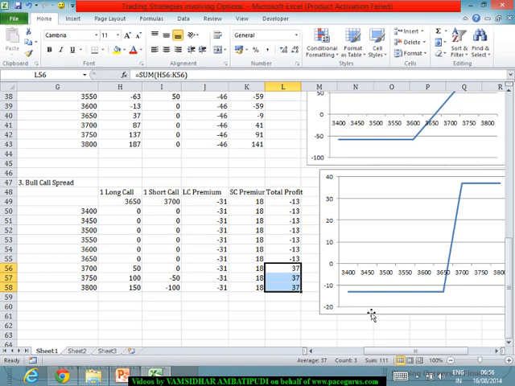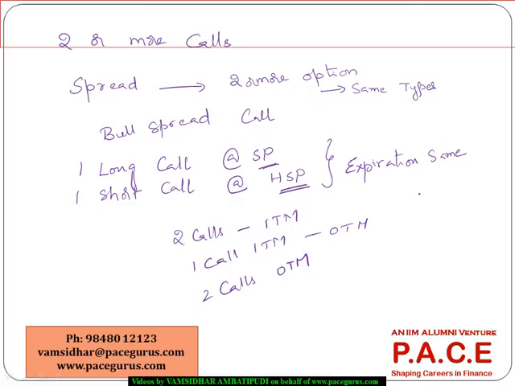So that is one scenario where the spread is becoming more and more conservative. The same logic could have been executed with respect to the put option also, where I go long on a put at a particular strike price and go short on a put at a higher strike price.